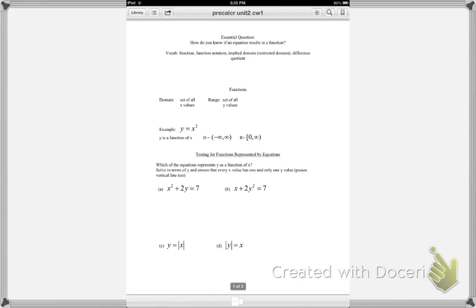Today's lesson we will be talking about a function and what makes a function. When you talk about a function, you want to say that every x from the domain will be assigned to one and only one y value.